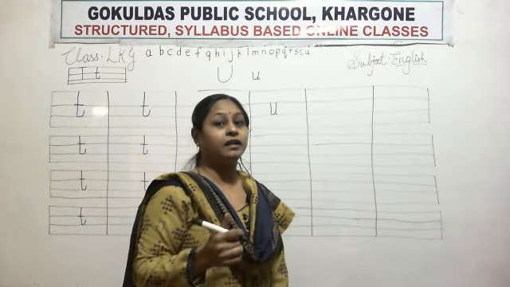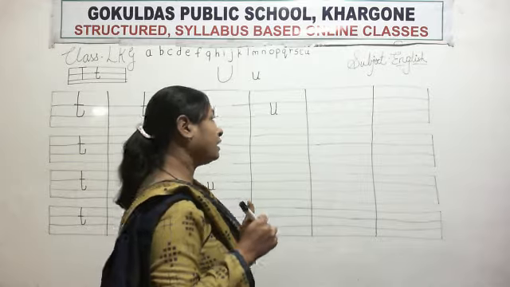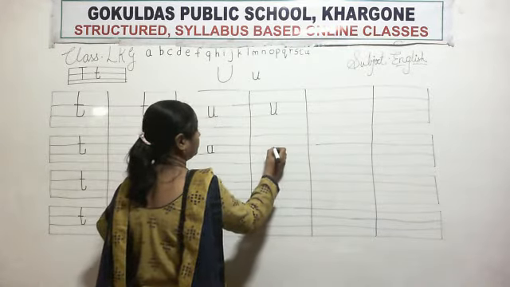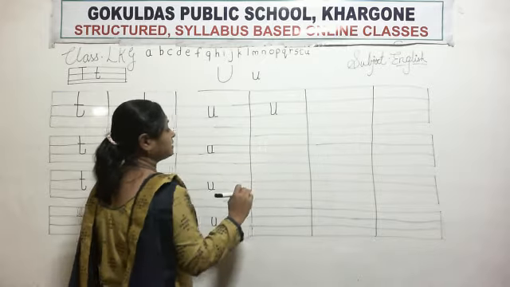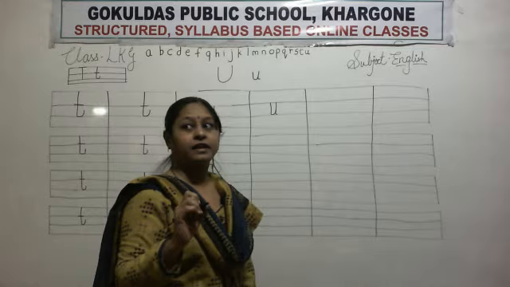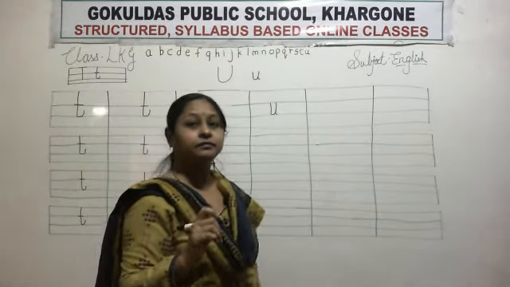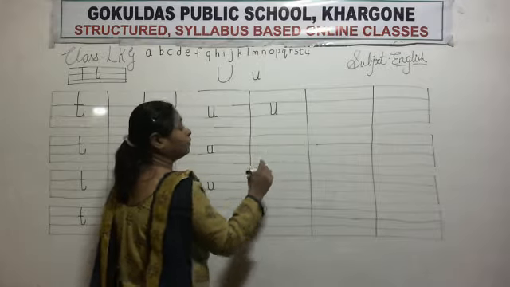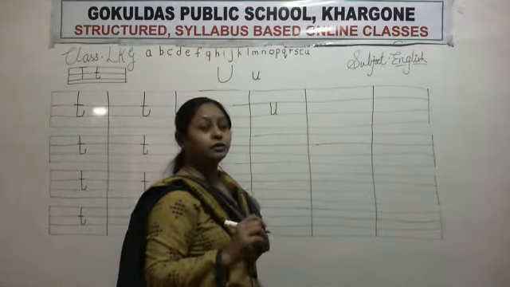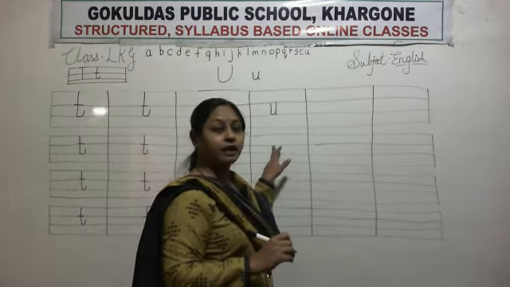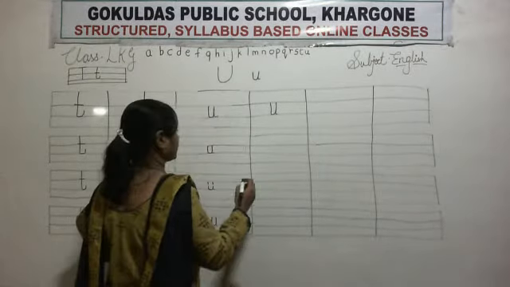Umbrella. Under. Up. Uncle. Sharpen your pencil properly. Yes. Now start writing. Don't overwrite and don't write out of the line. You have to write in two lines only, between the middle line and base line. So start writing.